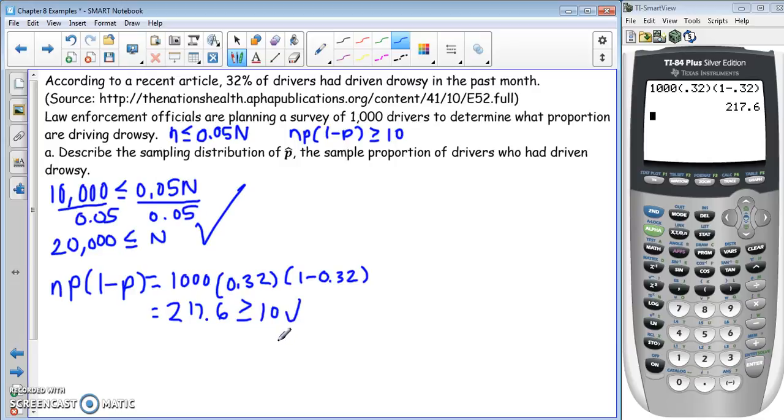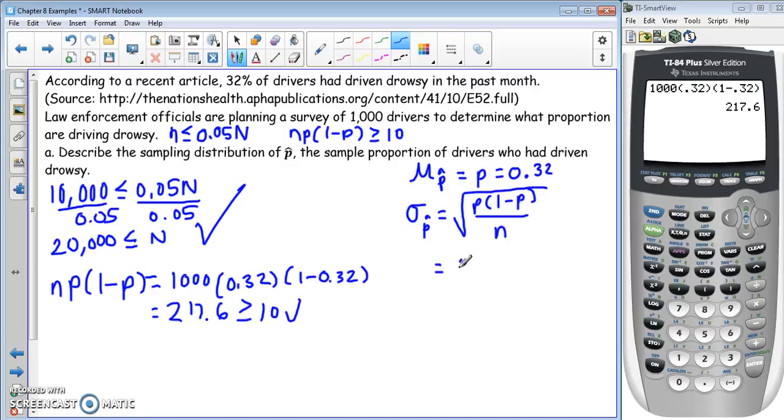Now let's calculate our mean and standard deviation. The mean of the sampling distribution of the sample proportion is equal to p, so that is 0.32, and sigma of p-hat is the square root of p times 1 minus p over n.